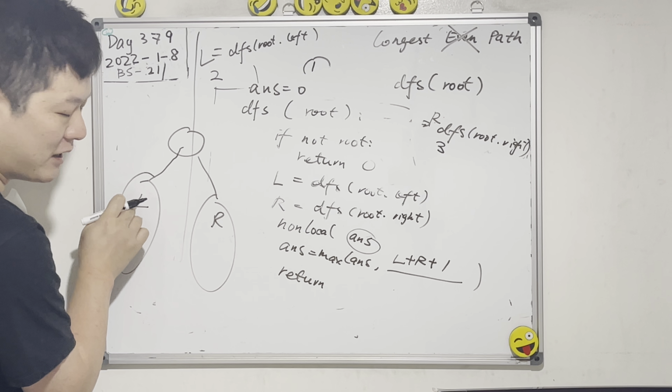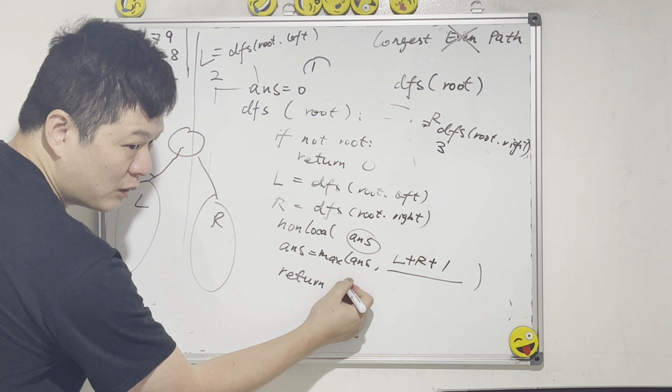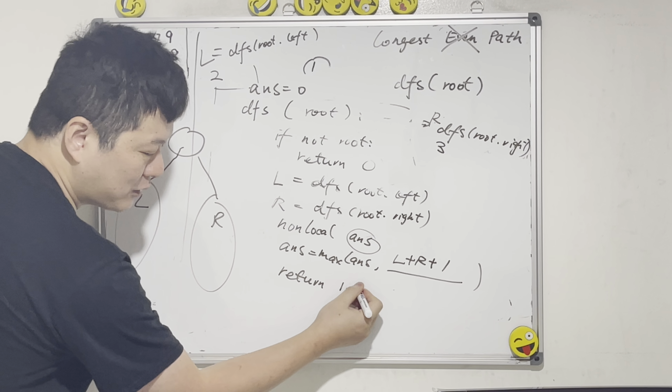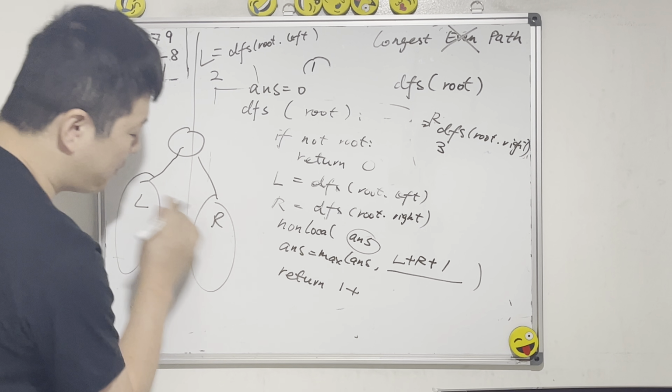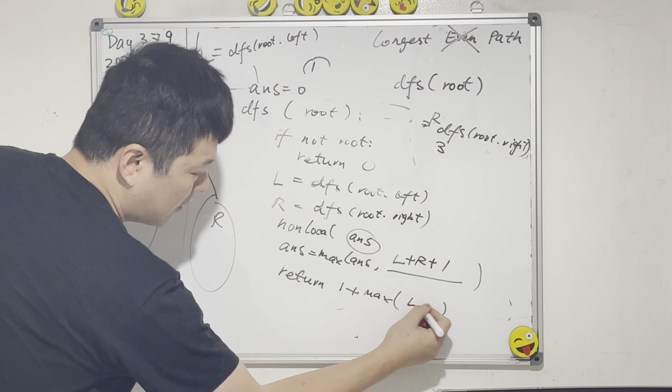So it could pick the maximum of both the left bit and the right bit. So what should you return? 1 plus the maximum of left and right.